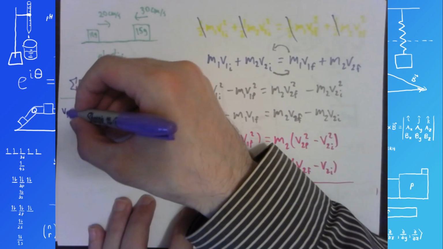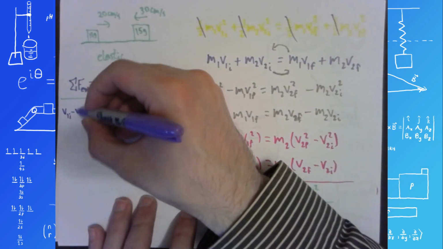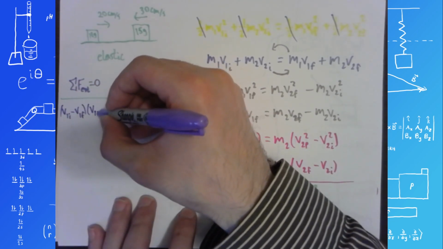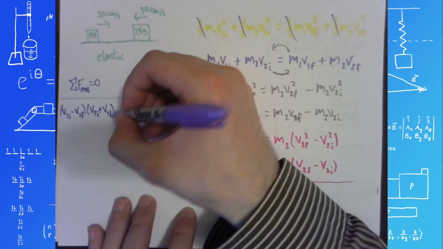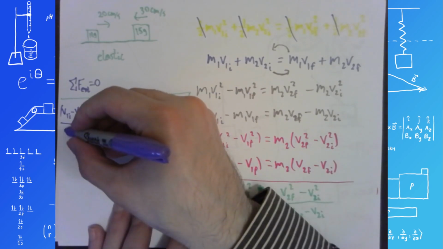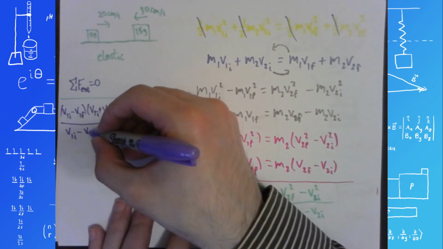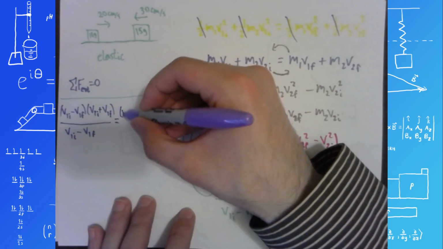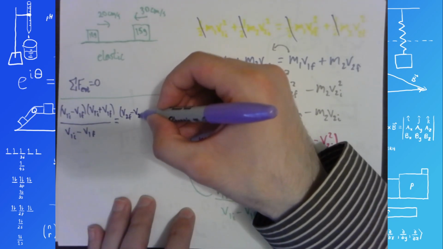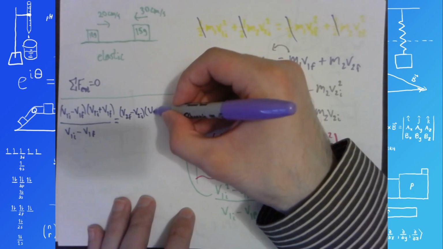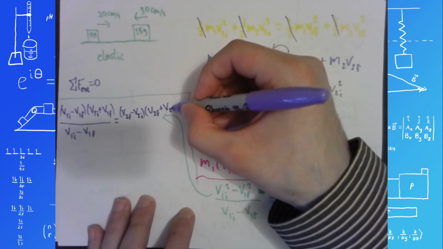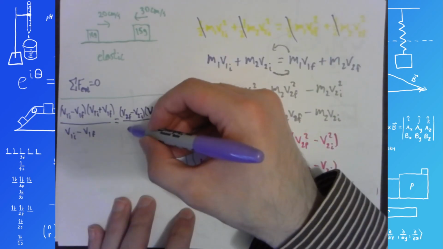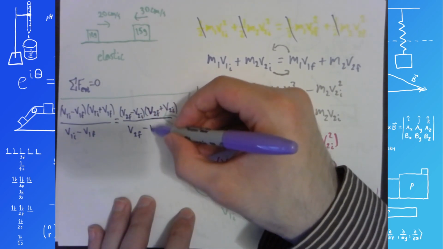So this is going to become v1 initial minus v1 final times v1 initial plus v1 final over v1 initial minus v1 final equals, over here, v2 final minus v2 initial times v2 final plus v2 initial all over v2 final minus v2 initial.